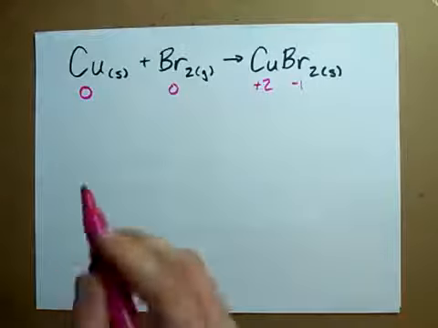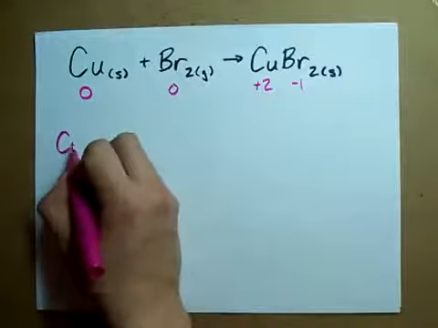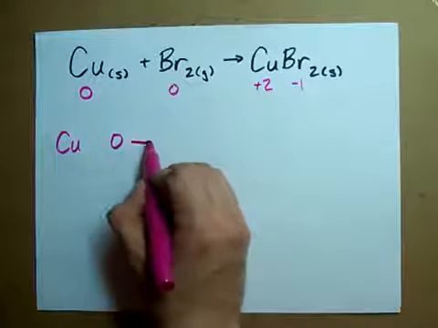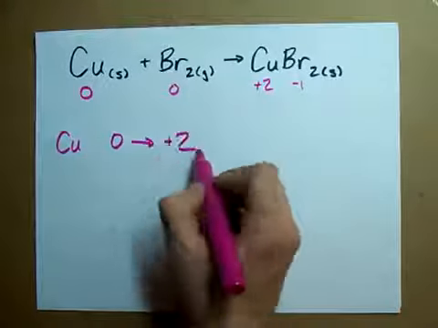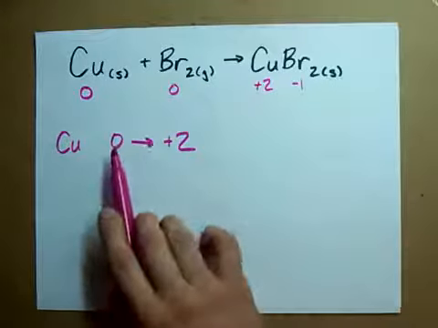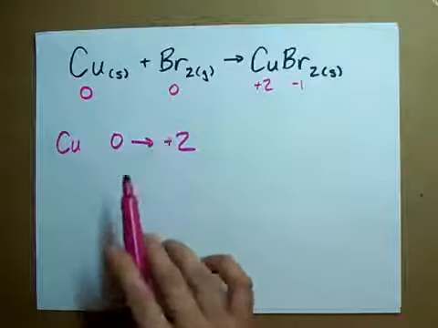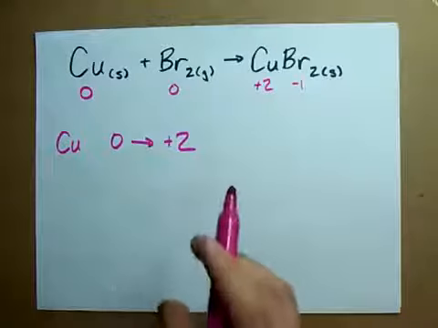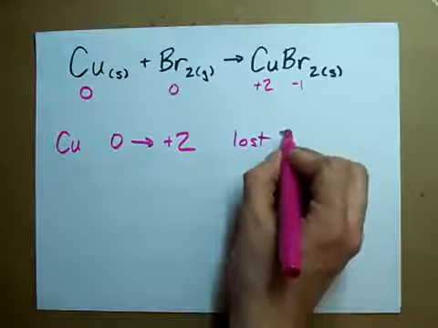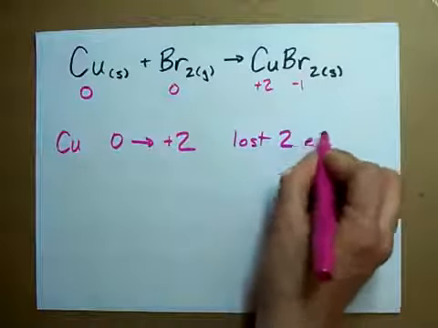Anyways, here's my point. The copper atoms went from a charge of 0 to a charge of +2. So, if you go from a charge of 0 to +2, what happens to your electrons? Electrons have a negative charge. This guy lost 2 negative charges.